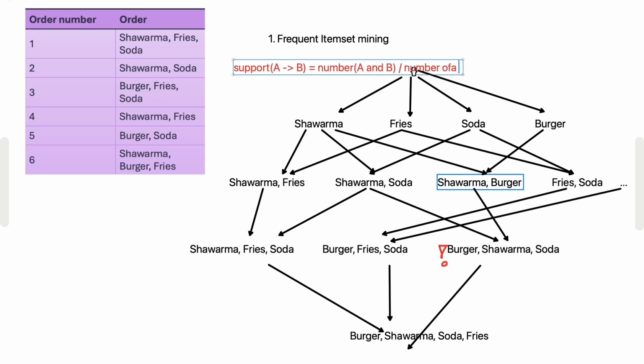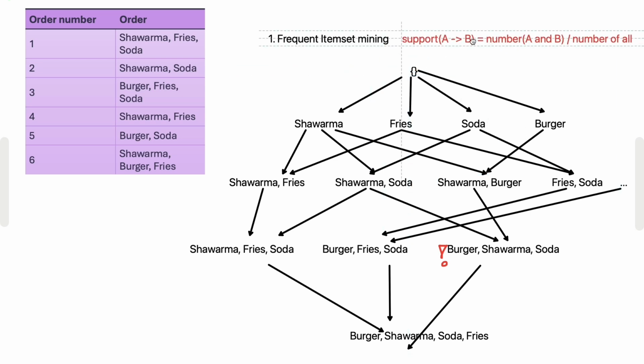Now, what this specifically means is that, let's say, we have the combination of shawarma fries, okay? We find everywhere where shawarma and fries are together. I see shawarma and fries here twice, and again here, and again right here.